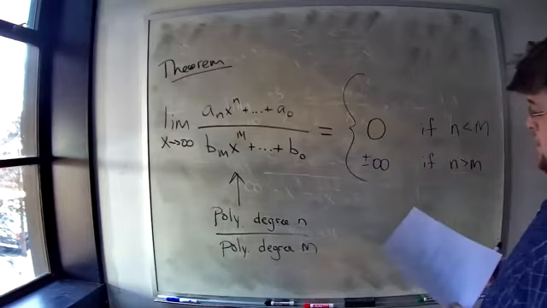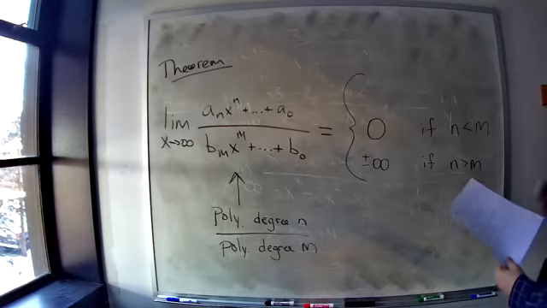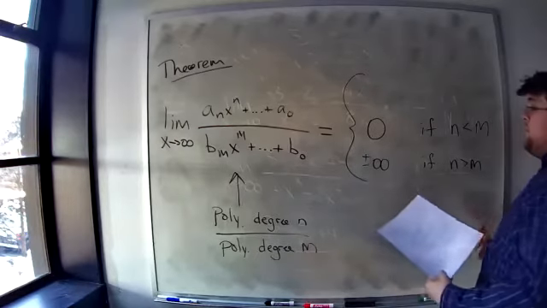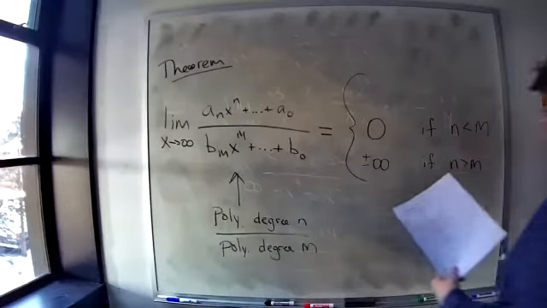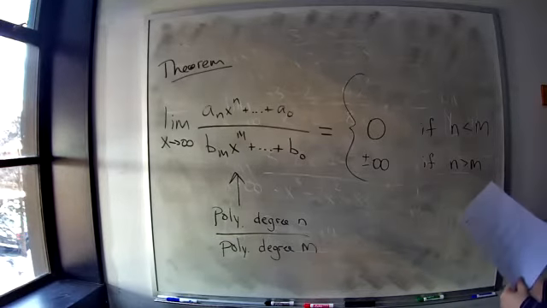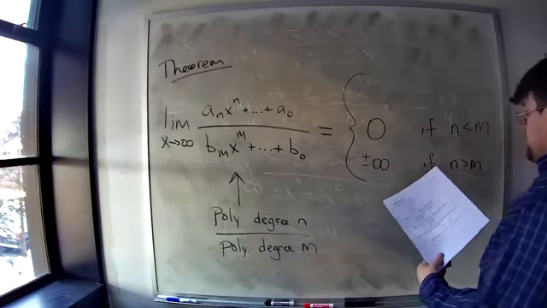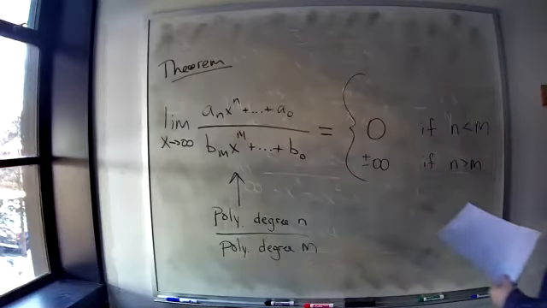In part B, we had a similar situation, but the degree on top was 8 and the degree on the bottom was 4. 8 is larger than 4, but you do the same type of argument: divide everything by x to the largest exponent on the bottom. It will turn into an equation like the one we had, a limit of, in this case, 4x to the 4th minus 0 over some number.